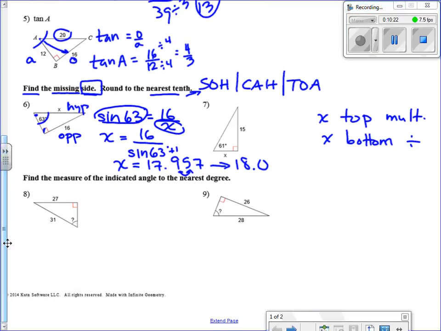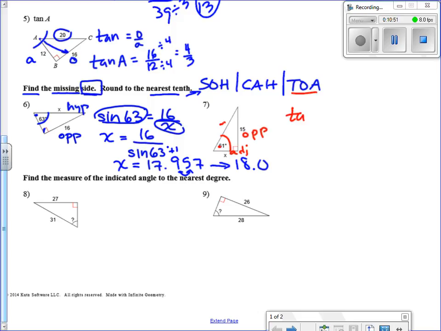Let's take a look at number 7. So for number 7, once again, I'm looking for missing length. And so I'm standing here relative to standing right here. I cannot touch this side. It's the opposite side. This side right here is the hypotenuse, but I don't need that side. This side will be the adjacent side, which is a tangent function.